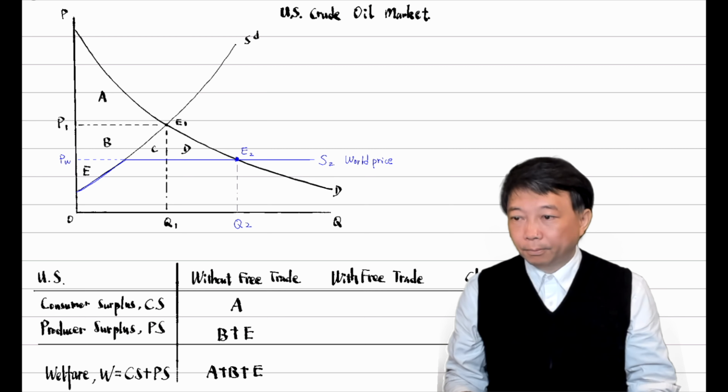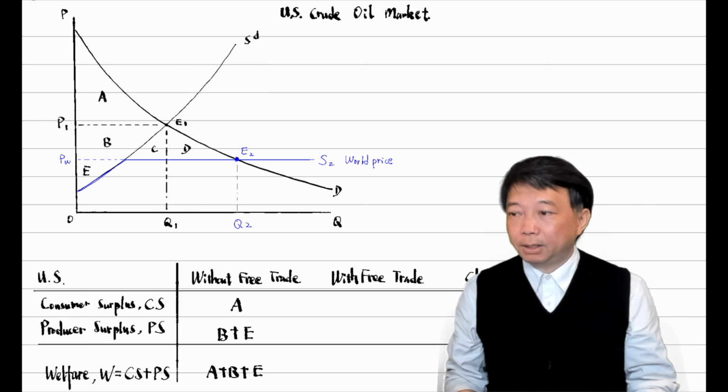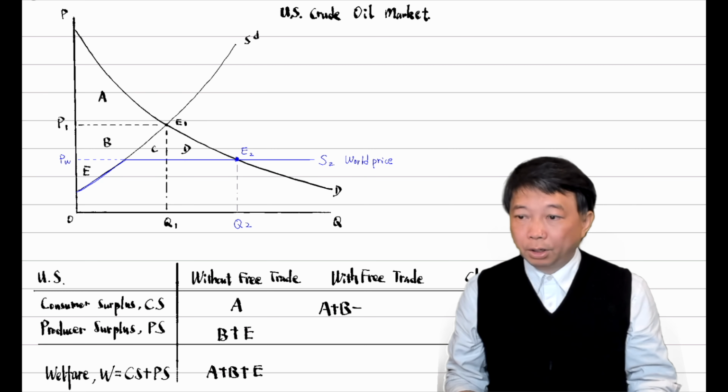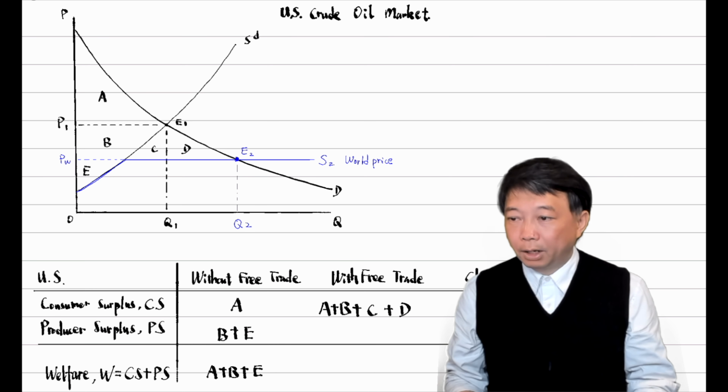With free trade, consumer surplus increases to A plus B plus C plus D because US consumers can enjoy a relatively low oil price and purchase more quantities.